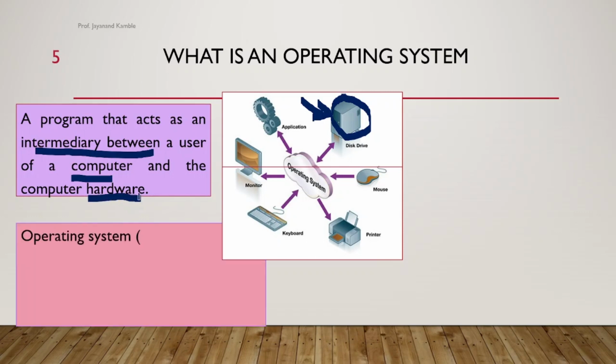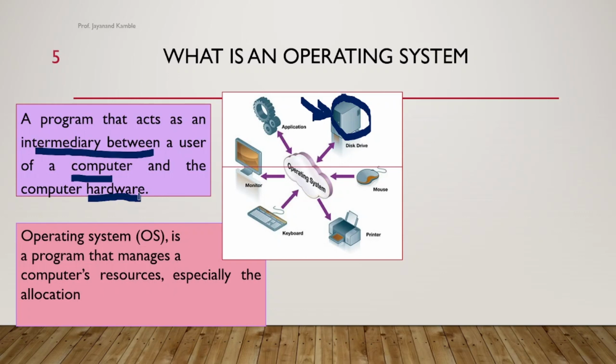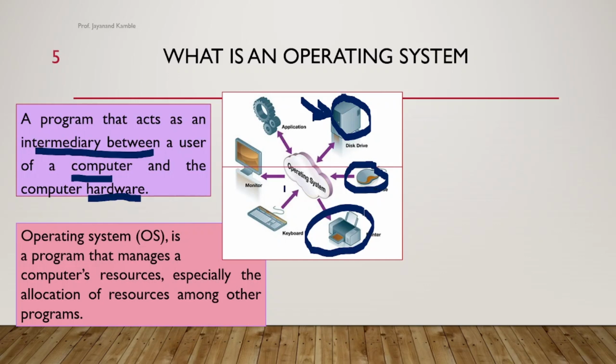Another definition says operating system is a program that manages a computer's resources, especially the allocation of resources among other programs. That means a process needs an input device, or a process may need an output device, a process may need the disk drive. So allocation of these resources is an important task which is done by the operating system. So that's why we call it a resource manager, which manages the computer resources.